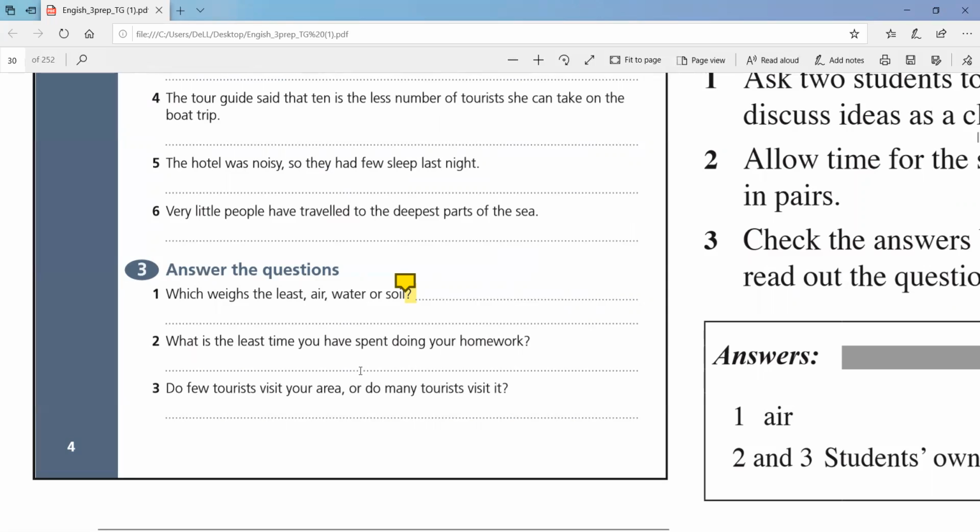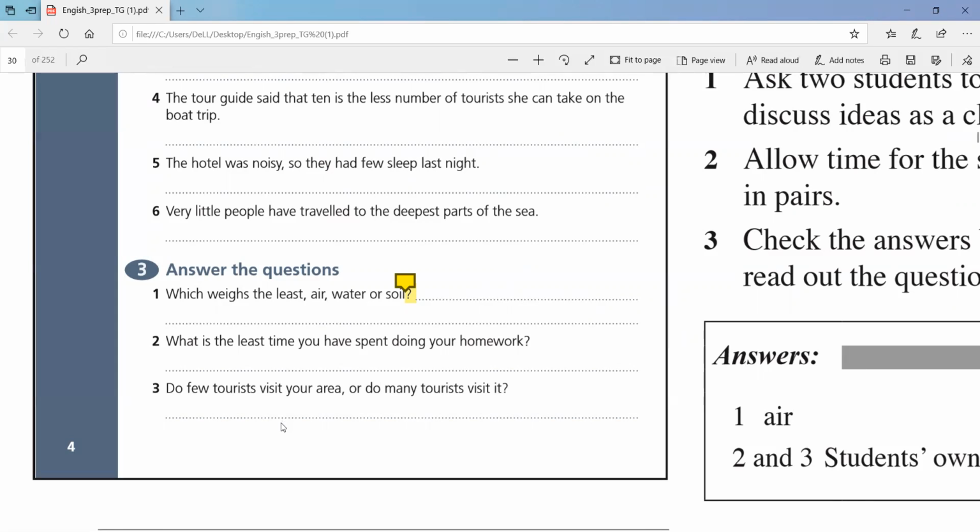What is the least time you have spent doing your homework? Okay, it varies. You can say, the least time I have spent doing my homework is 30 minutes, 1 hour, or something like this. Do few tourists visit your area, or do many tourists visit it?